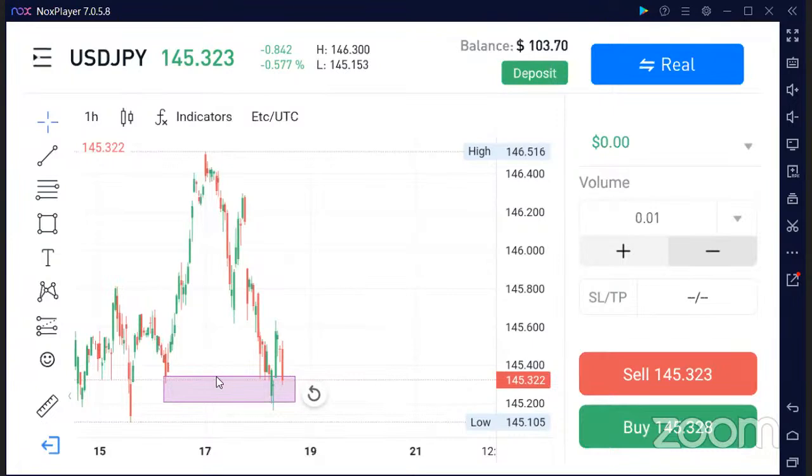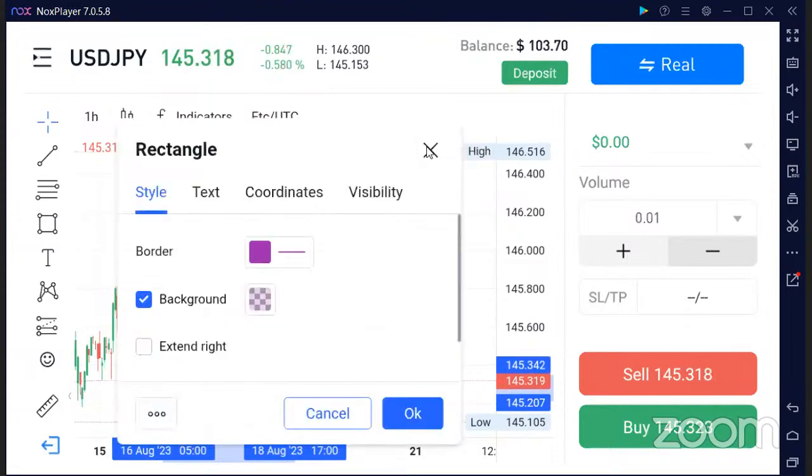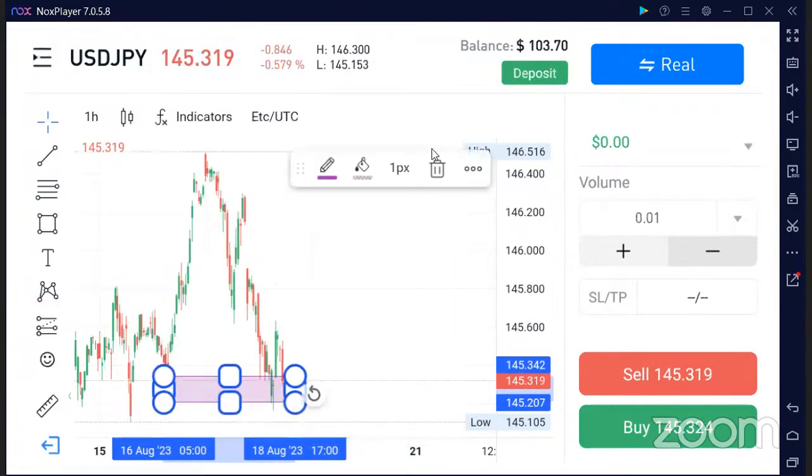So let me just draw this box out, and then let's see what is going on in the market. Let me just drag this here to this end. Oh, sorry, I double tapped on it.